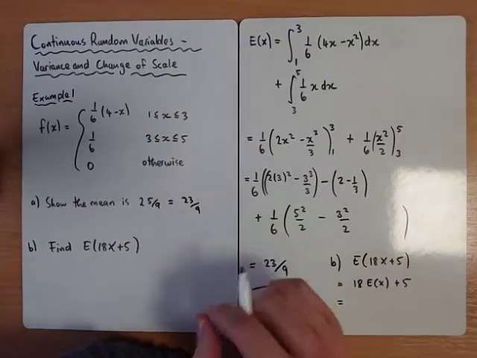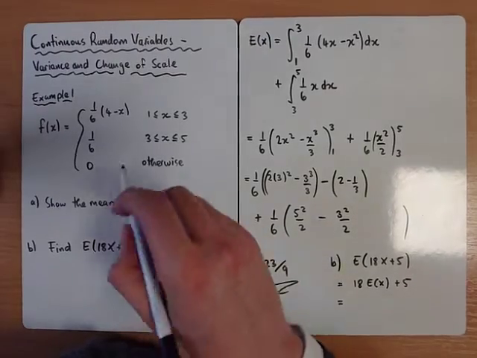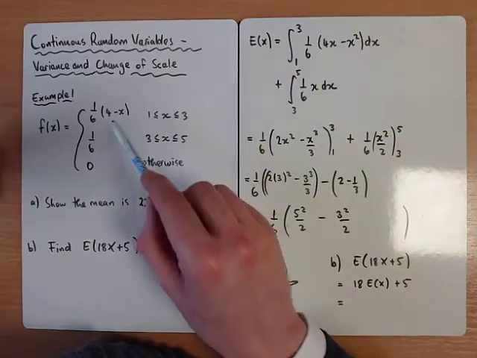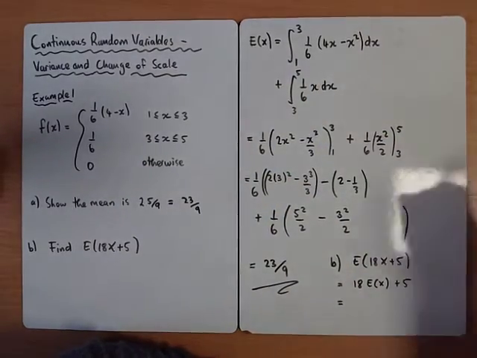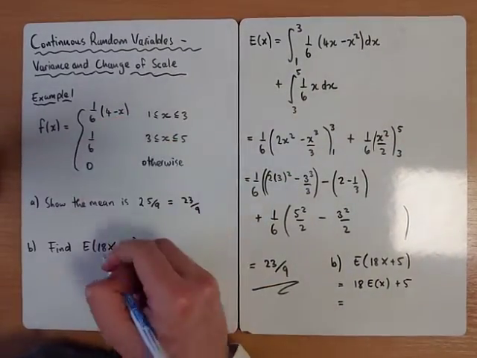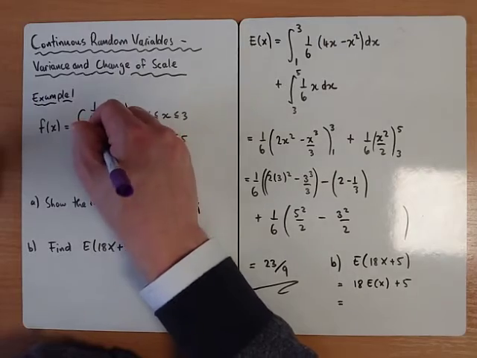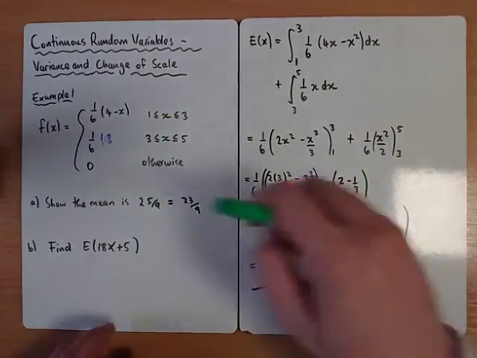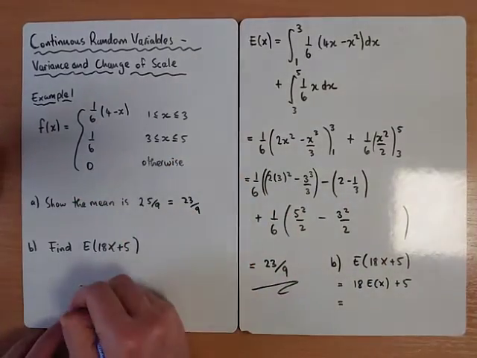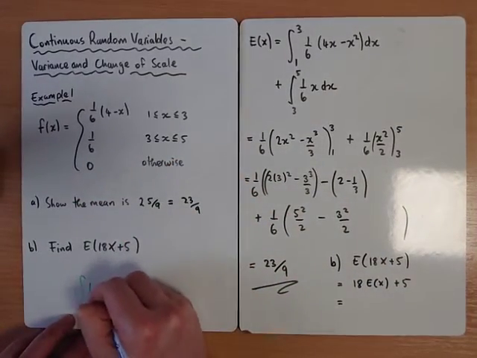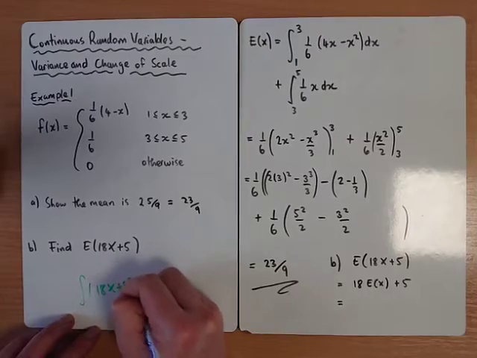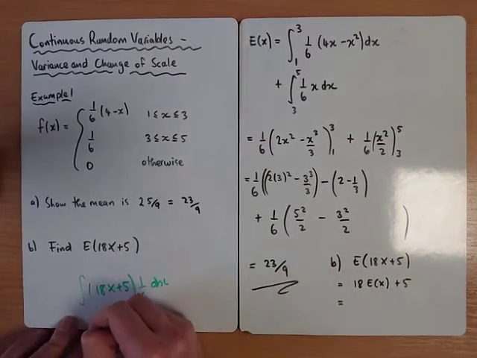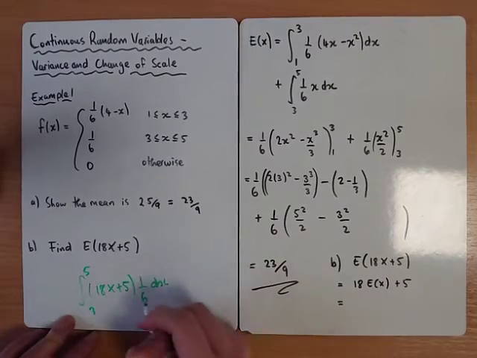If you wanted to check, we do know as well, if you want the expected value of x, you multiply by x before you integrate. It'll take you ages, but if you wanted to, because we're finding the expected value of 18x plus 5, we could times by 18x plus 5 in both of the integrals.